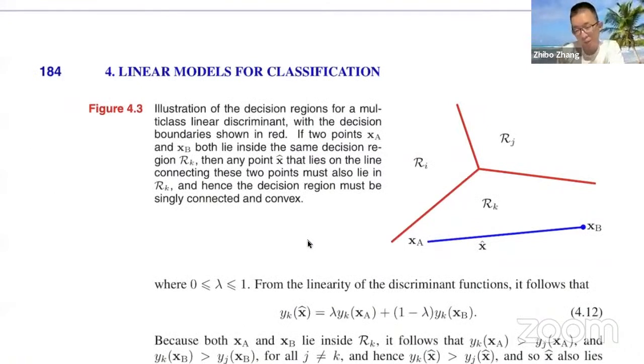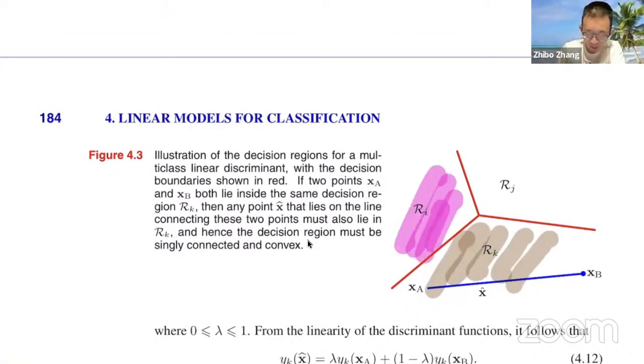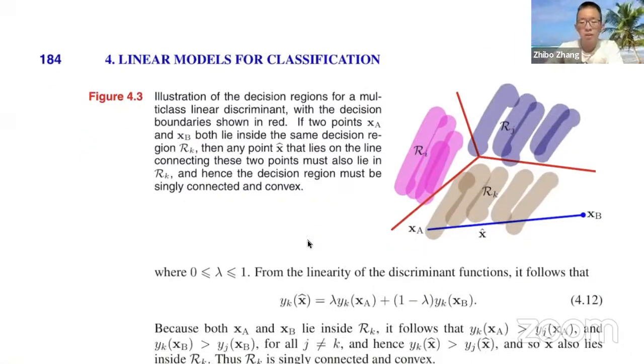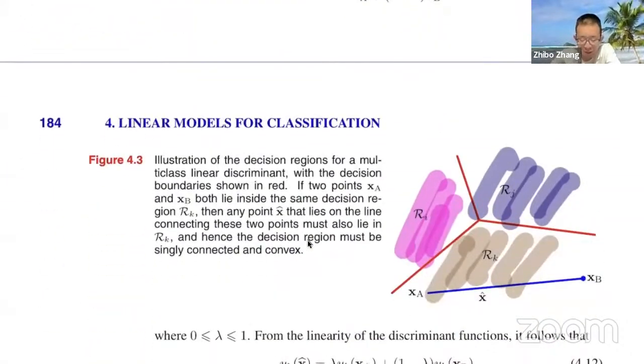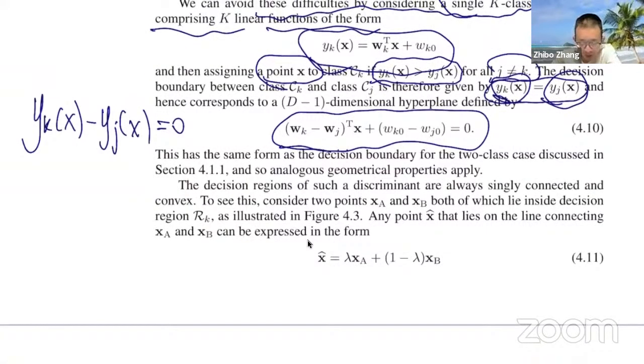Then suppose we have three regions corresponding to the decision boundary: if we fall into this part it is RK, this part is Ri, and this part is Rj. Now we have the situation where two points, XA and XB, fall into the same decision region.